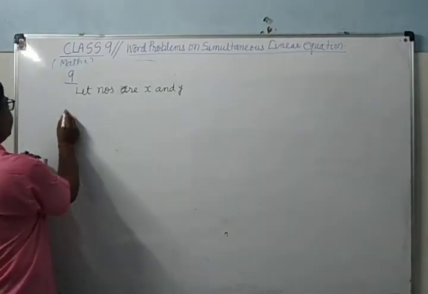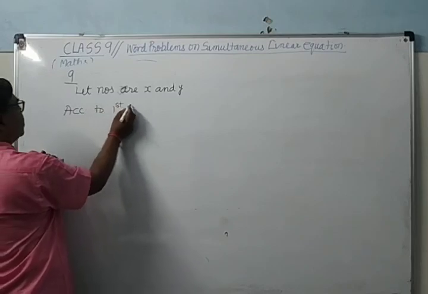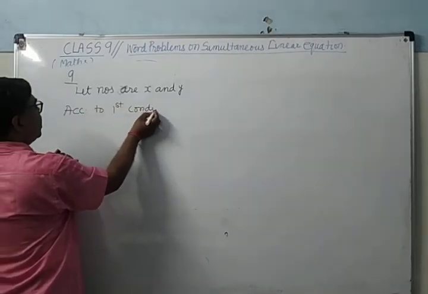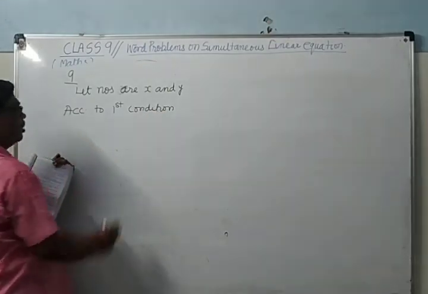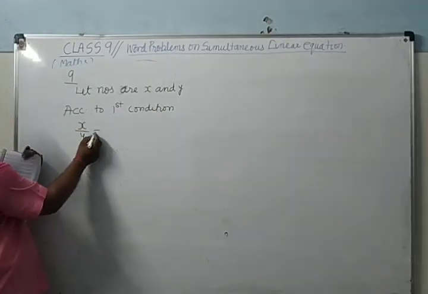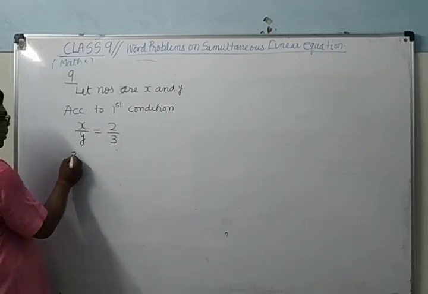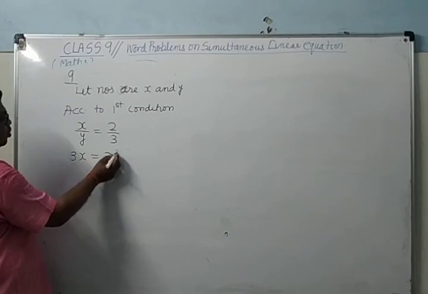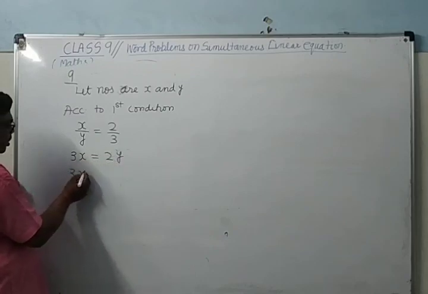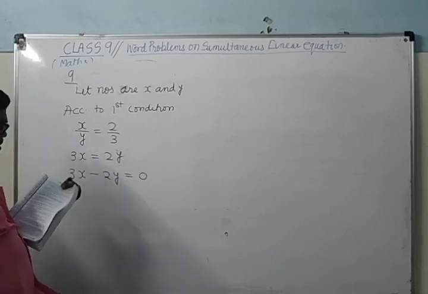According to the first condition, the ratio of numbers will be x upon y, but in the question it is given as 2/3. So when you simplify, 3x equals 2y. So 3x minus 2y equals 0.